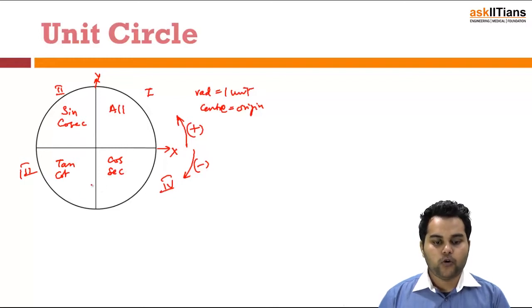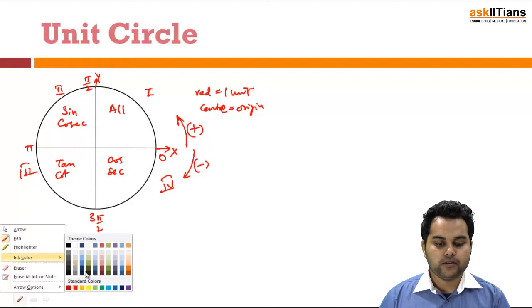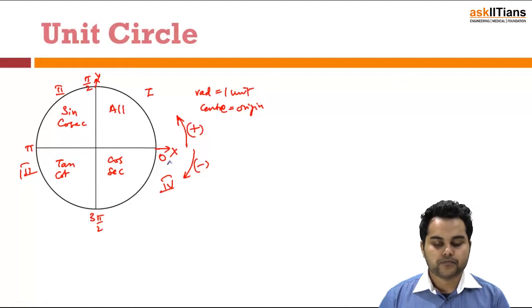We'll come to how we define these and why they are positive in each of the quadrants. In the first quadrant all of them are positive. The measure at this angle is 0, then at the vertical it's pi by 2, pi and 3 pi by 2, and again when coming to 0, the next angle would be 2 pi, and this would be one complete rotation.